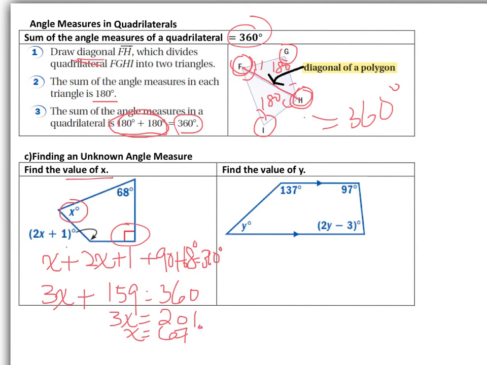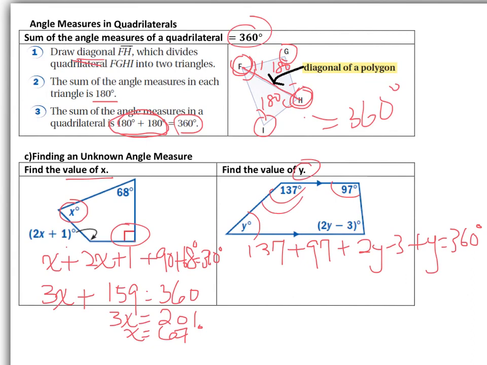Okay, let's do one more. Find the value of y. In this trapezoid, 137 plus 97 plus 2y minus 3 plus y equals 360 degrees, because the total angle measures equal 360 degrees.